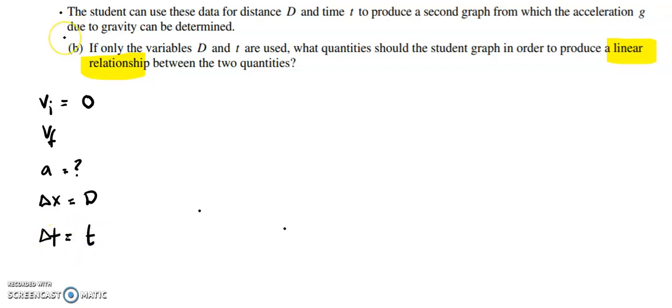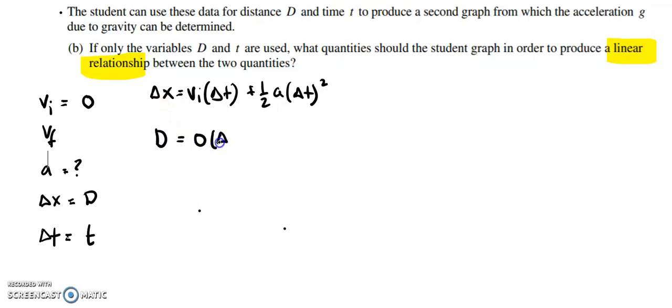I'm going to pick a good old constant acceleration equation that includes all these variables: delta x equals vi delta t plus 1/2 a delta t squared. Delta x in this case is d, vi is 0 times delta t, plus 1/2 acceleration, which I don't know, times t squared.